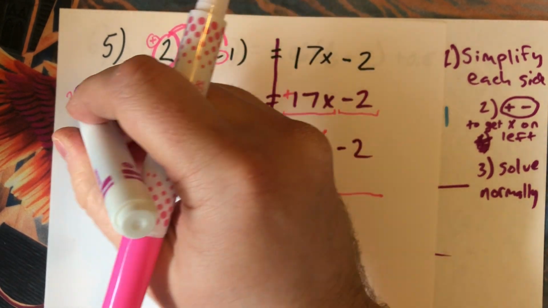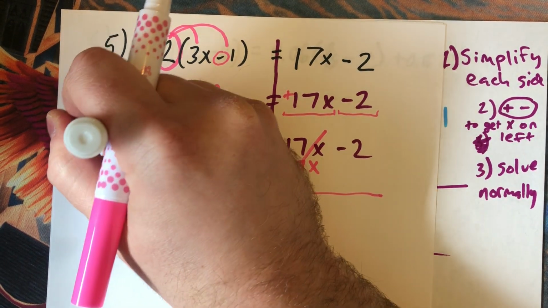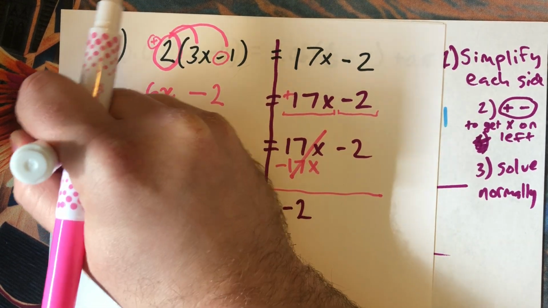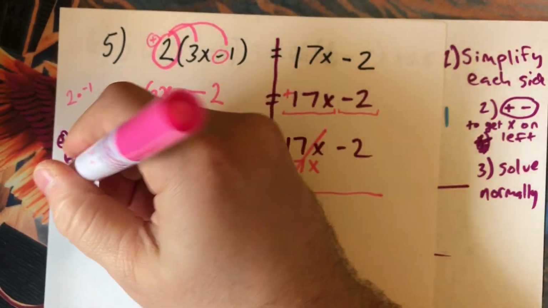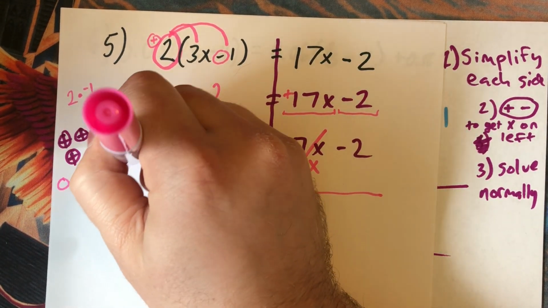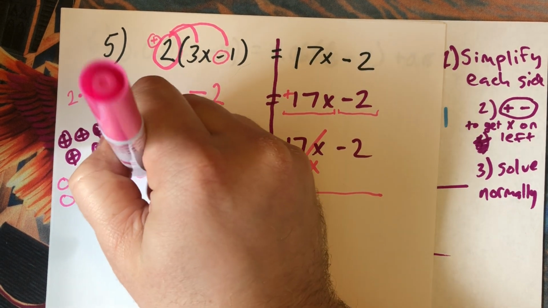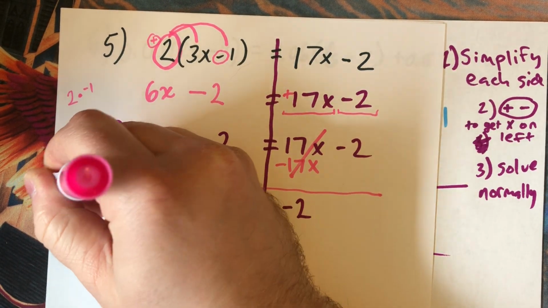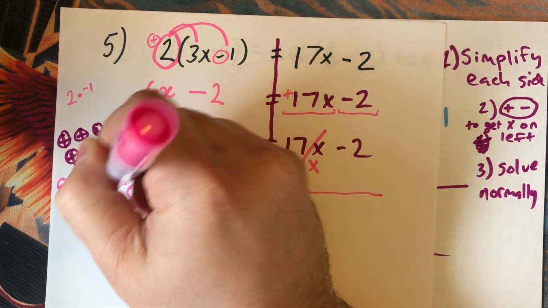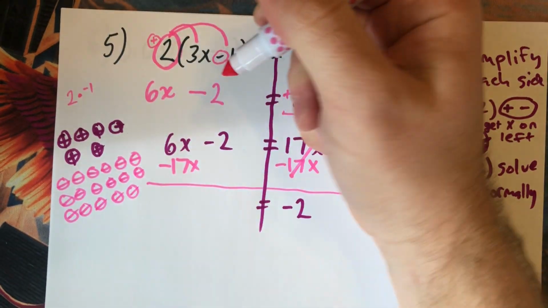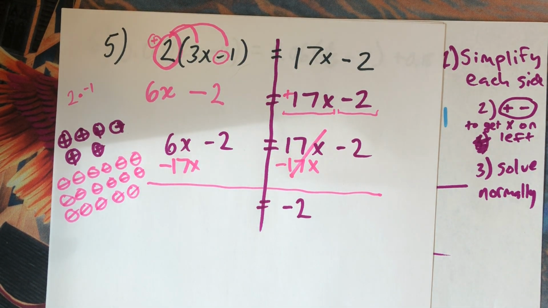It'd be really annoying if I went through and I was like, well, I have 6 positives and then 17 negatives. Remember that when we're adding and subtracting, positives join forces, negatives join forces, but when the 2 are combined, they disappear.